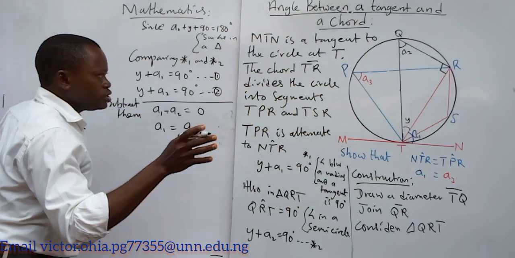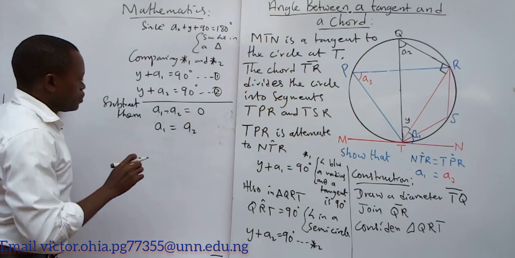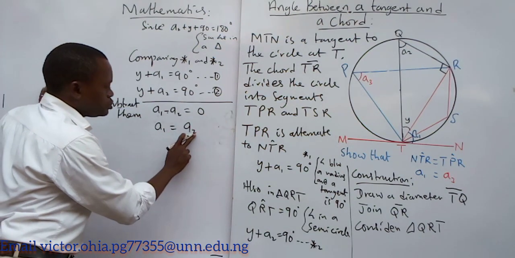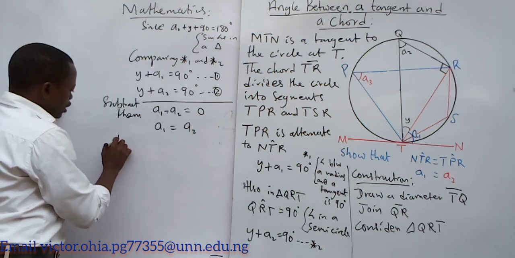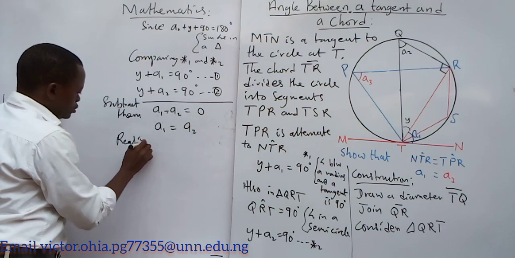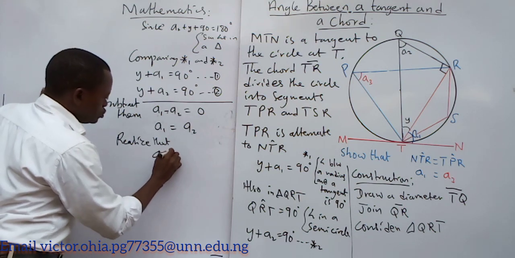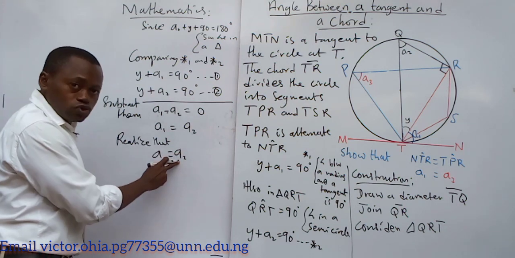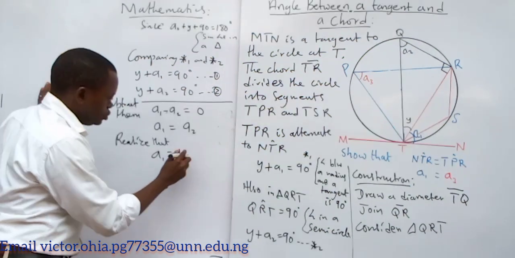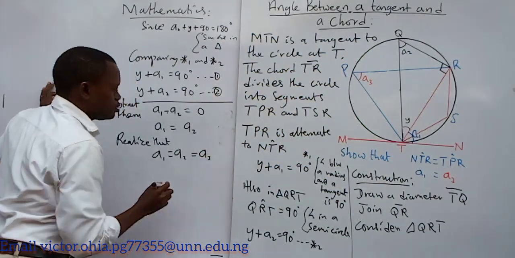Now, did you realize that this A1, which is equals to A2, that this A2 is also equals to A3? How?